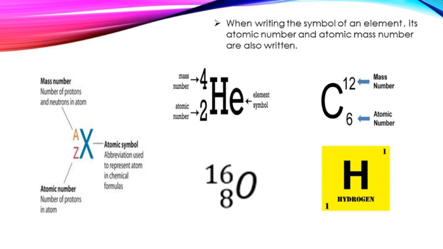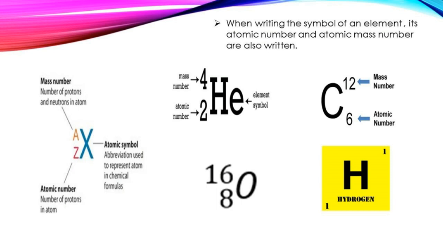Next, for the carbon atom, the atomic number is 6 and the mass number is 12 and the element symbol is C. So C, 6, 12. 6 is at the subscript, 12 is at the superscript. Next, for oxygen, the atomic number of oxygen is 8 and the mass number is 16.